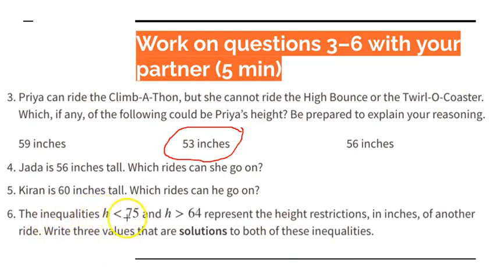Inequalities H is less than 75 and H is greater than 64 represent height restrictions in inches of another ride. What are 3 other solutions we could use for both of these? What 3 values could we use?